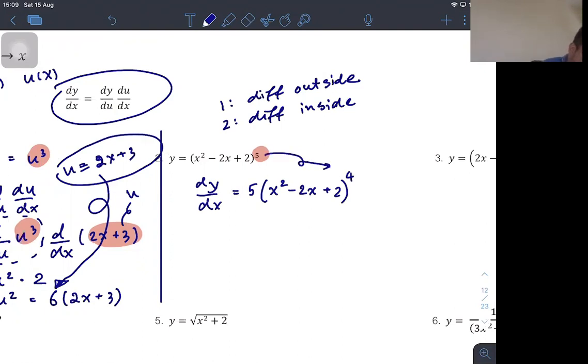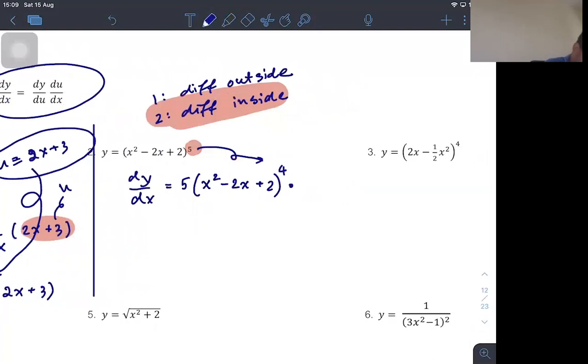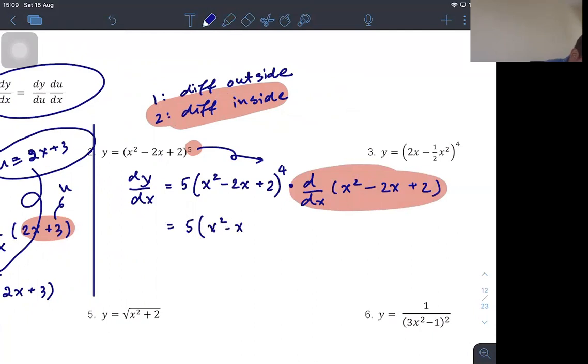Then you times this by the differentiation inside, so diff inside. I would times this by d by dx of x squared minus 2x plus 2. So this is the diff inside stuff. So we have 5 times the whole thing here.